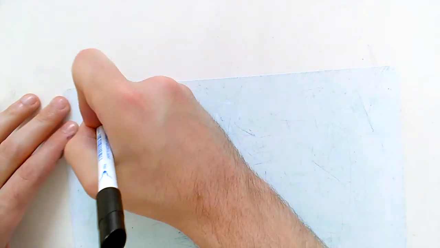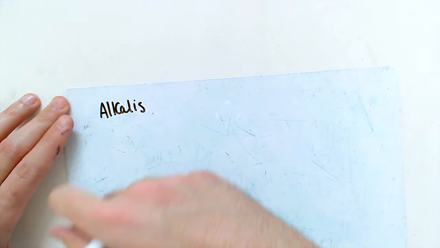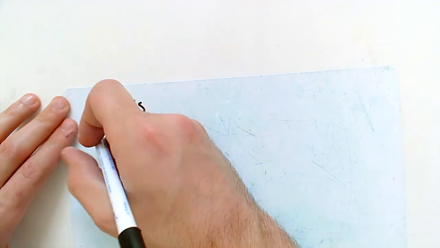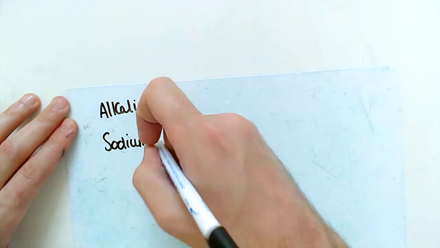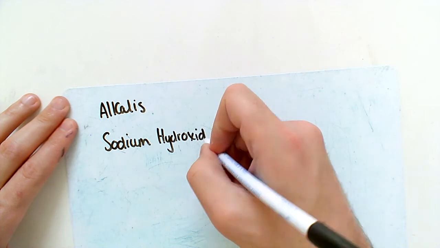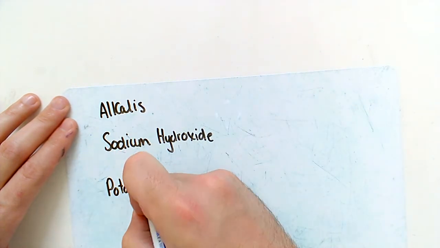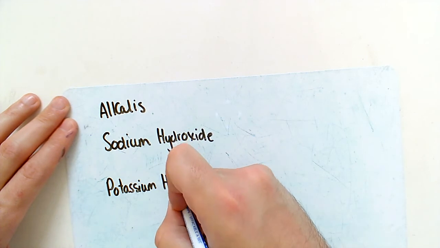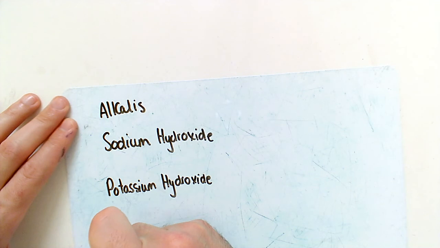For alkalis, if we turn this over, alkalis, for example, the main ones that you might go with are sodium hydroxide, potassium hydroxide, and ammonium hydroxide.